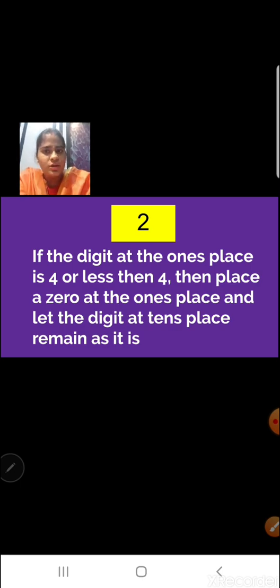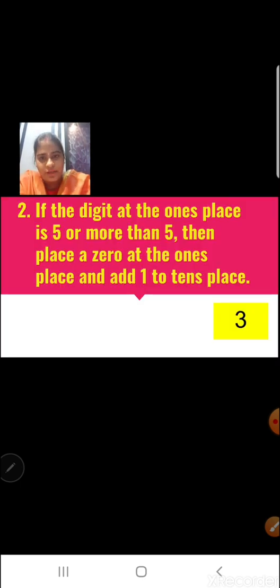That was rule number 2. If the digit at the ones place is 5 or more than 5, then we have to place a 0 at the ones place and add 1 to the tens place. We have already learned all this in our last video.